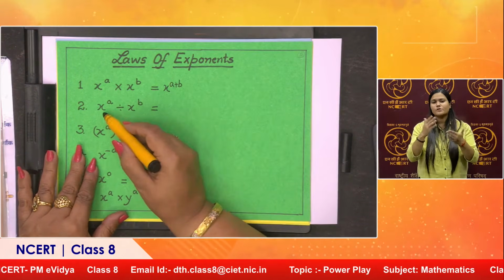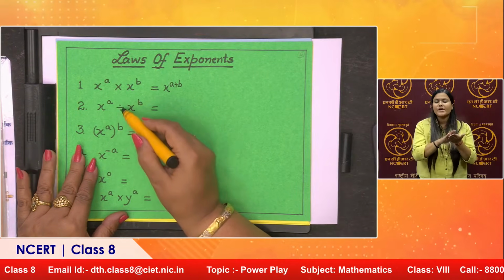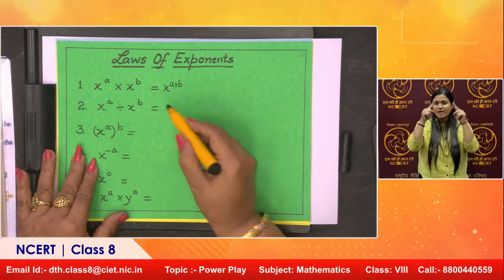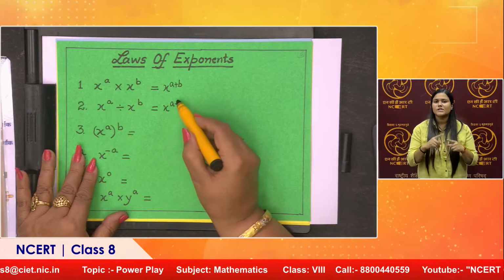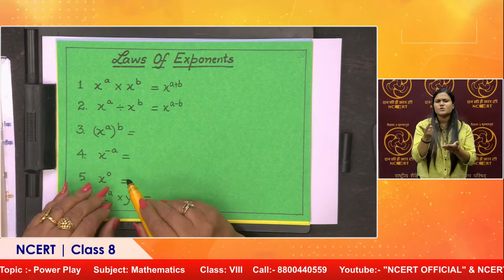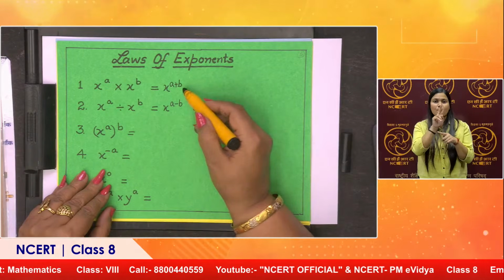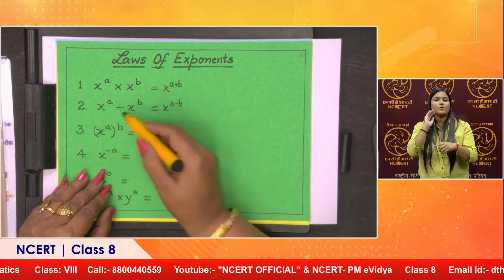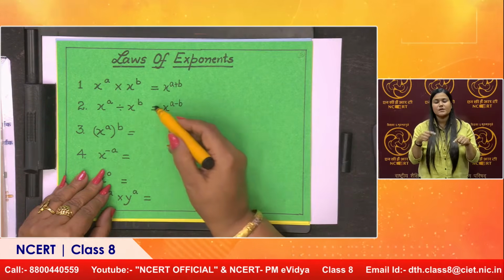When we have x to the power a, that means base is x and power is a, divided by x to the power b, I can always solve this as x to the power a minus b. Base is common in both the terms, right? Yes, when the bases are same, we can add the powers in case of multiplication. And when we have the same base and we are dividing, we will have to subtract the powers.